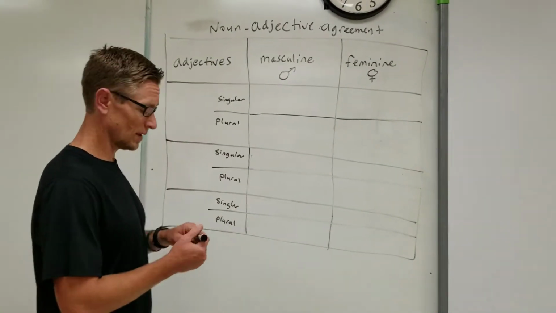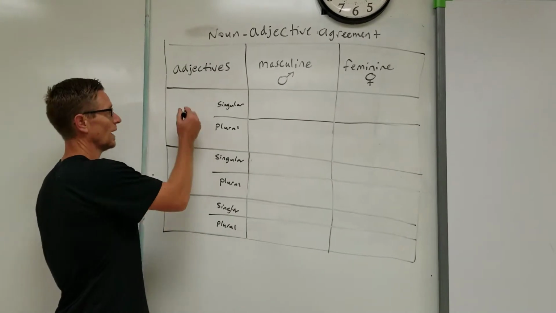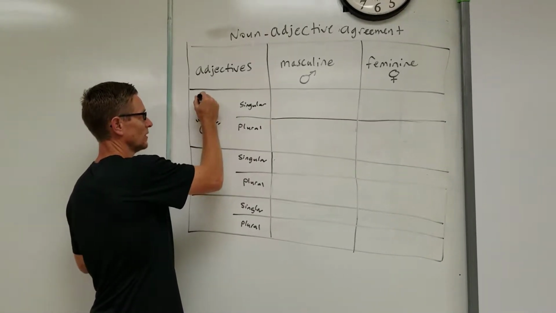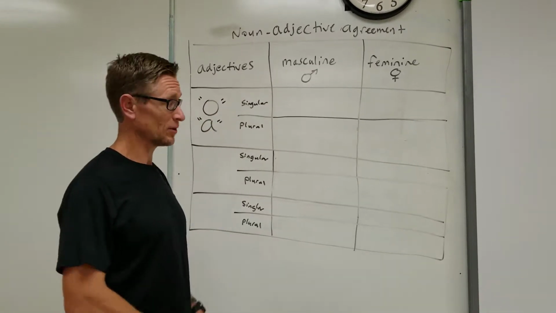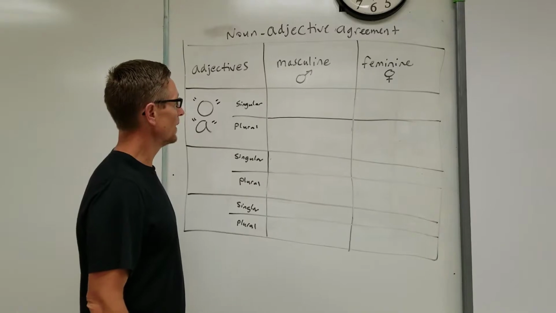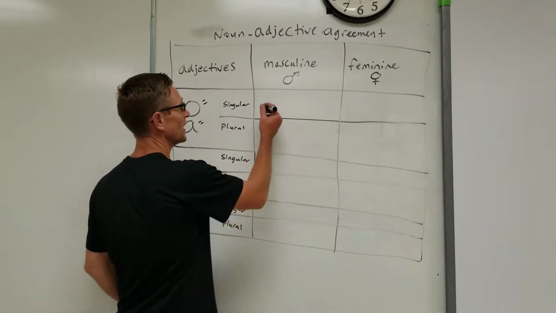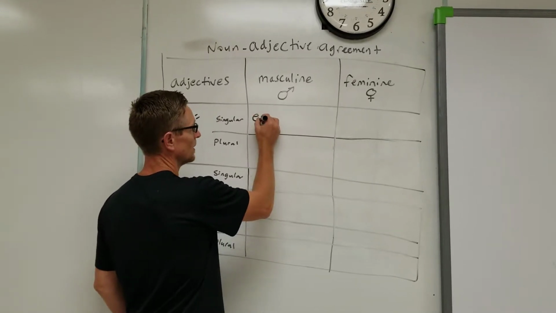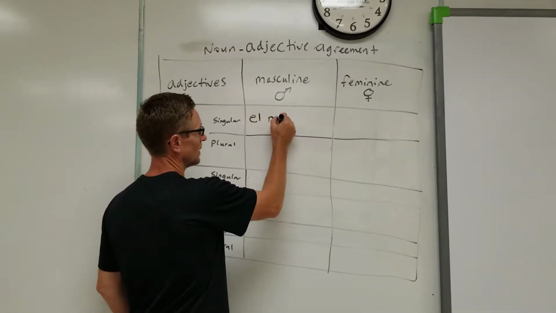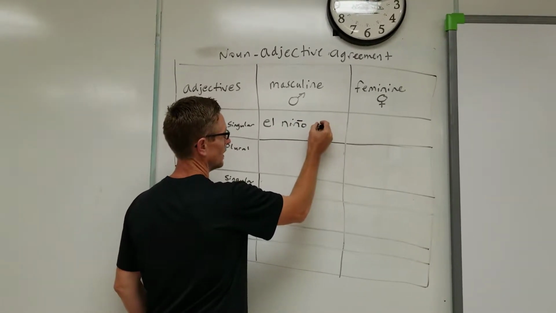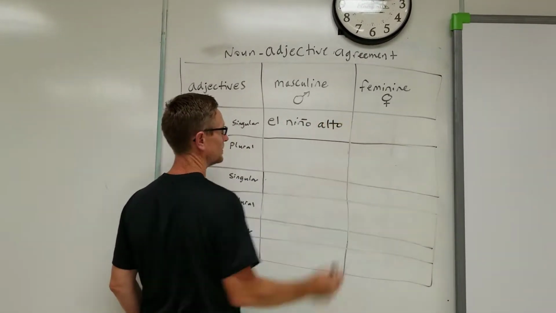So a lot of words in Spanish end in either O or A. And so if the word ends in either one of these two letters, which 90% of the language ends in either O or A for nouns, then your adjectives would look like this. So if you want to say the tall boy, they would do el niño alto.